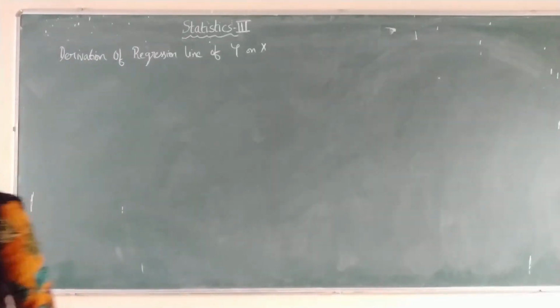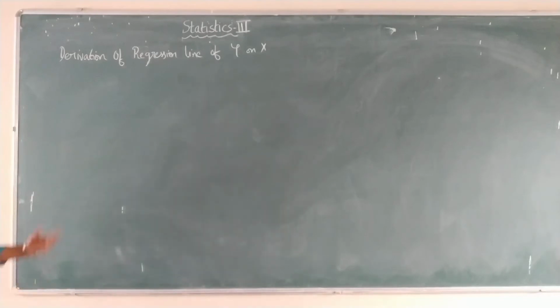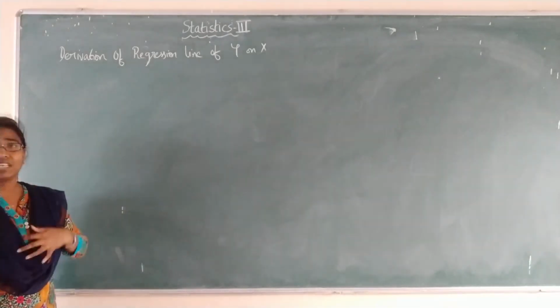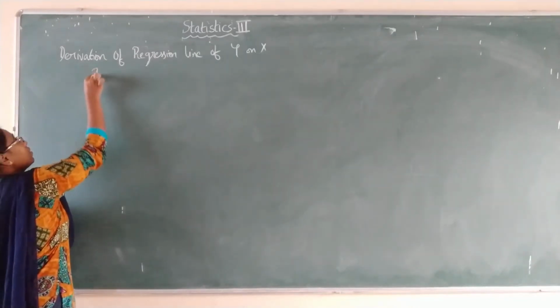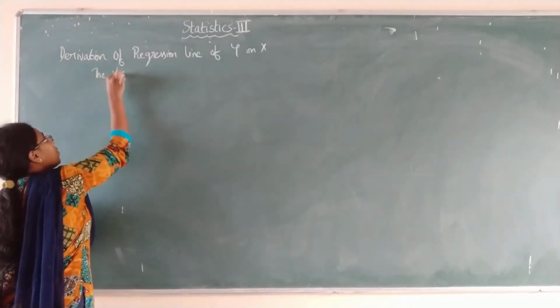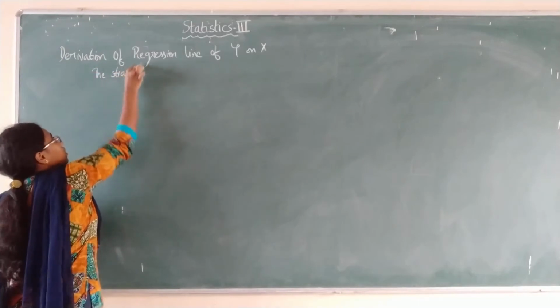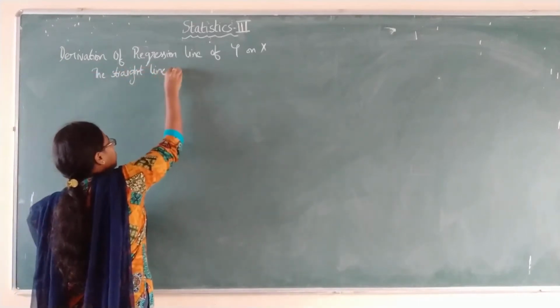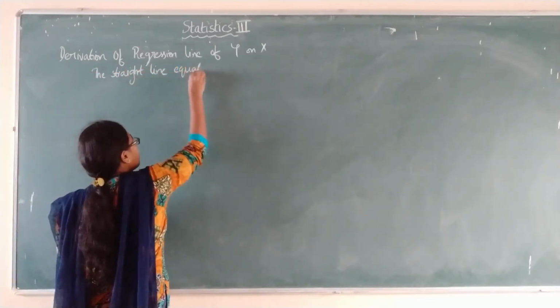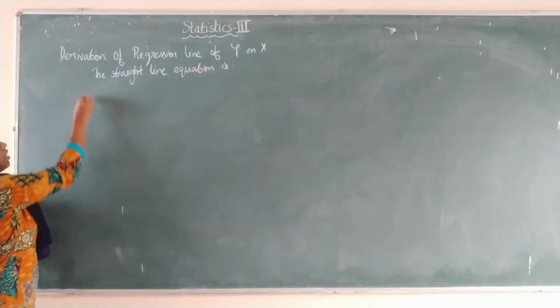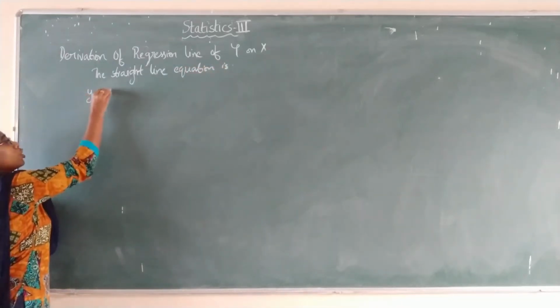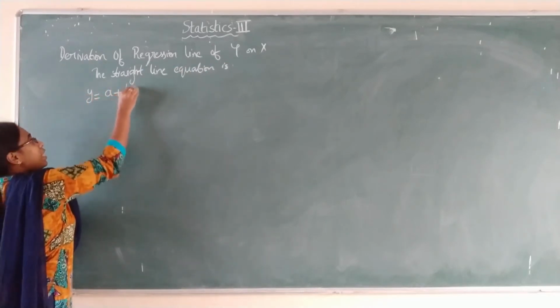Coming to the derivation of the regression line, it is a simple linear regression. That means, what is the straight line equation? Here we are considering the straight line equation y equals a plus bx.